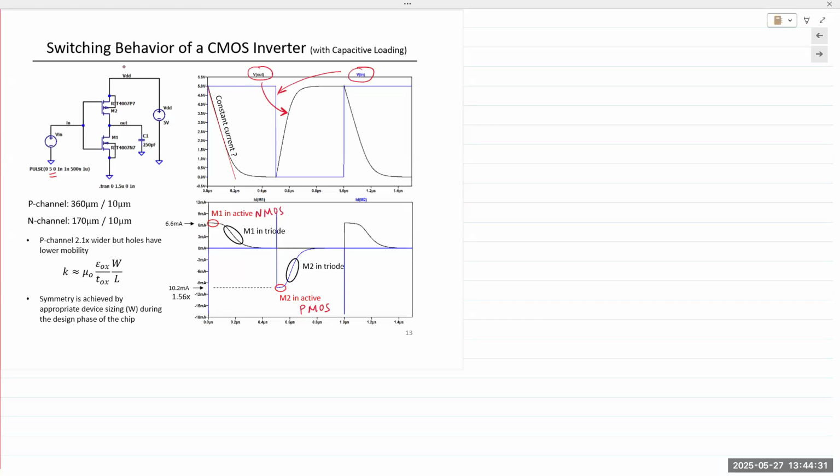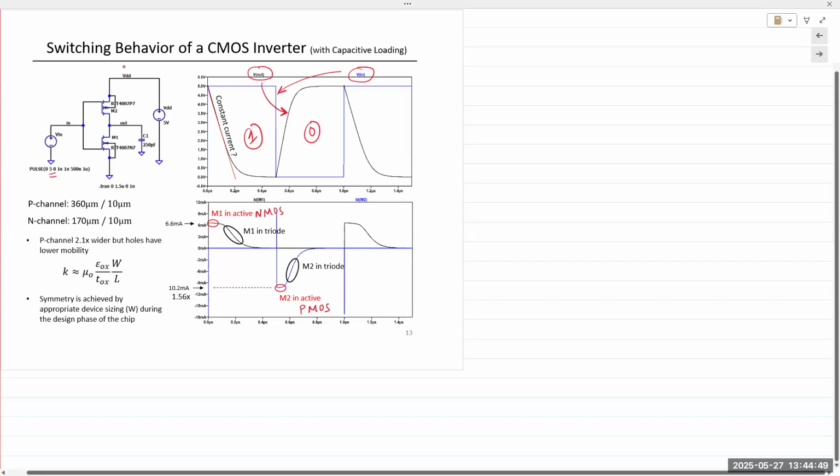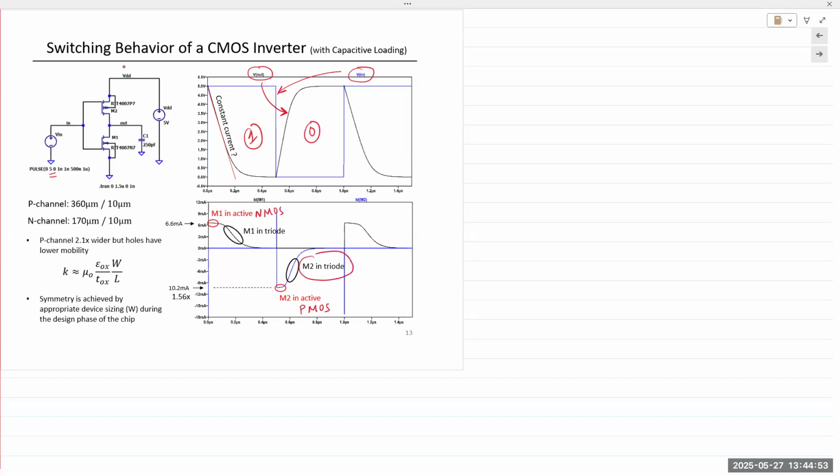So when Vin is 1, NMOS turns on. Right now here, it's transitioning from the on to the off state, and here it's transitioning from the off to the on state.